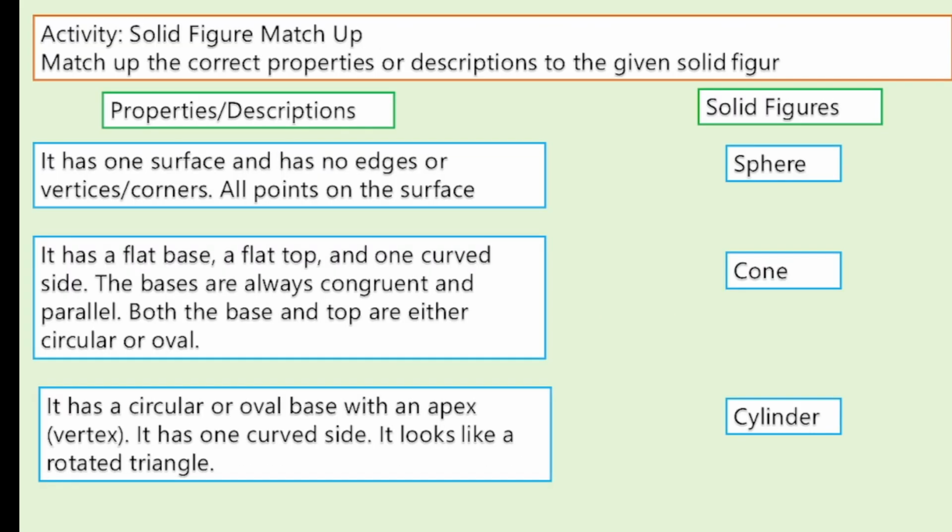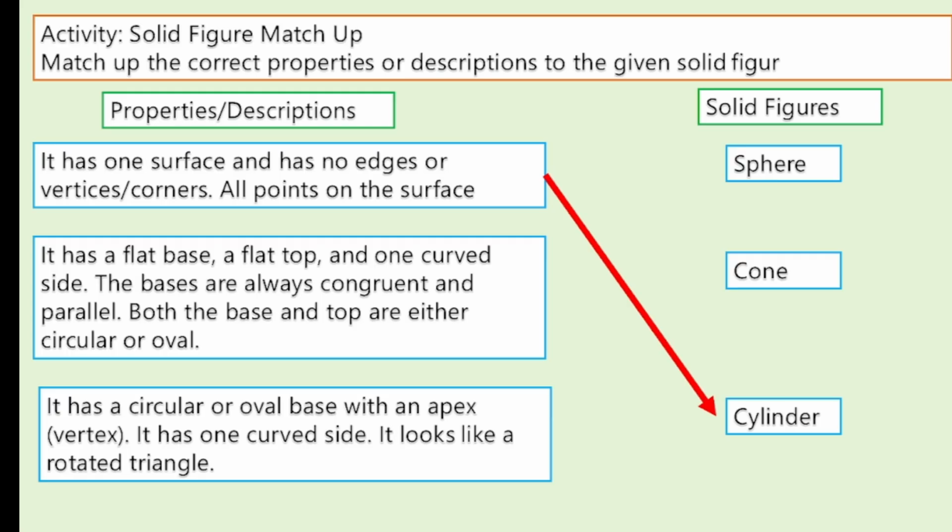Activity. Solid figure match up. Match up the correct properties or descriptions to the given solid figure. Number 1. It has one surface and has no edges or vertices or corners, all points on the surface. Sphere.